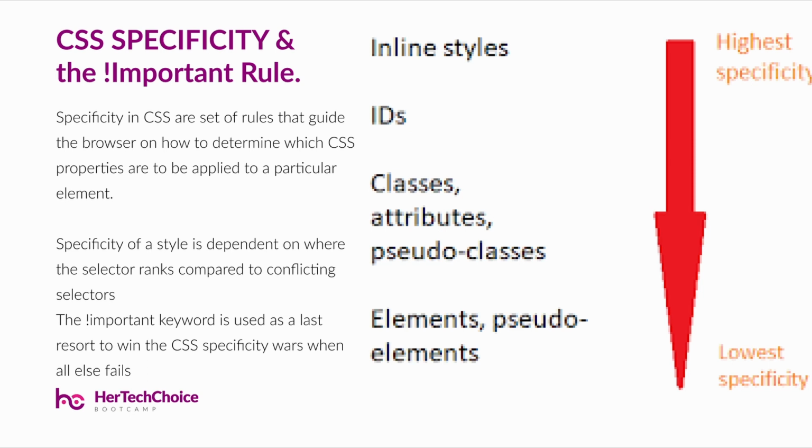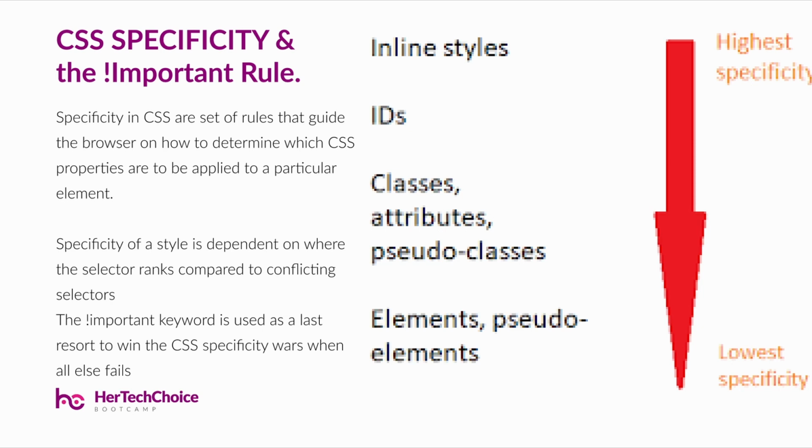Now there's an exceptional rule that overrides all of this hierarchy. That's the important keyword. It is represented with the exclamation mark, then important. The important keyword is mostly used as a last resort, in a last ditch attempt to win over CSS specificity wars when all else fails.